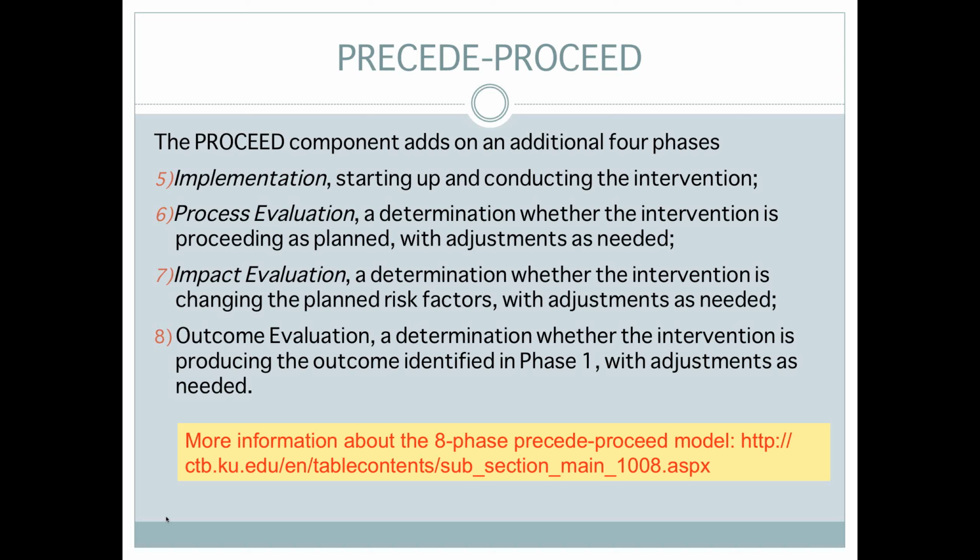And then outcome evaluation is seeing whether the intervention is not only changing the planned risk factors, but those changed risk factors are accruing over time to give us an outcome. So sometimes people get confused about process evaluation, impact evaluation, and outcome evaluation.